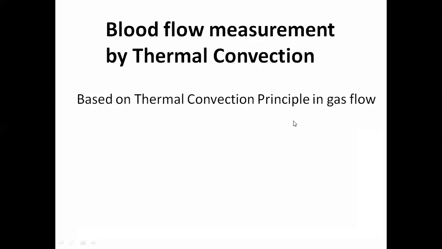If the gas flow is moving slowly, then it absorbs more heat, and due to that the higher sensor has a high temperature, and the difference of these two temperatures will reflect the flowing of the gas. The similar principle is used in blood flow rate measurement. This type of method is known as a thermostraher.